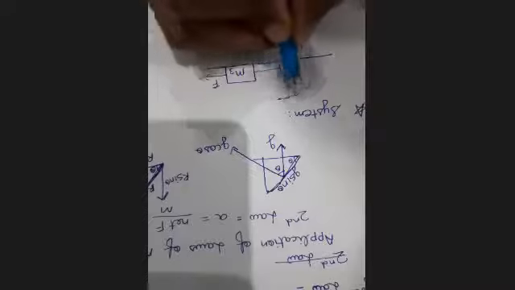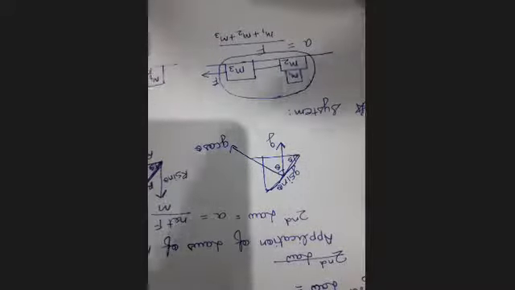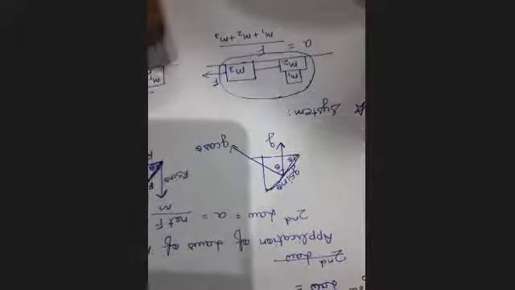To solve such a problem, we can use the formula acceleration is equal to F upon M1 plus M2 plus M3, because we can consider this whole system as one system, and then draw a diagram as M1 plus M2 plus M3, and the force is acted over here and the acceleration moves in this direction. So using this formula, we can solve such a problem.